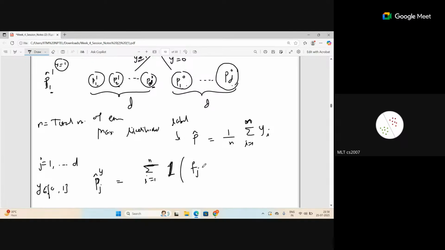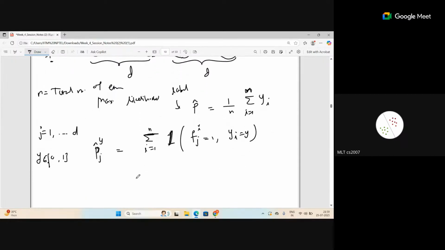When the condition is true, it gives 1, and if false, it gives 0. So x_j of i, where y_i equal to y, divided by the summation of i equal to 1 to n of the indicator function, y_i equal to y.